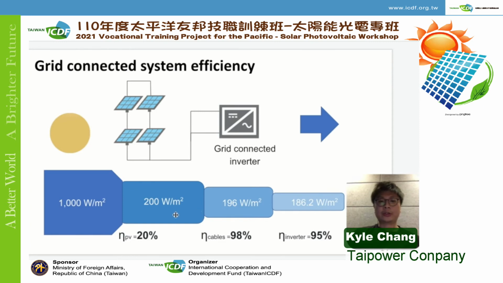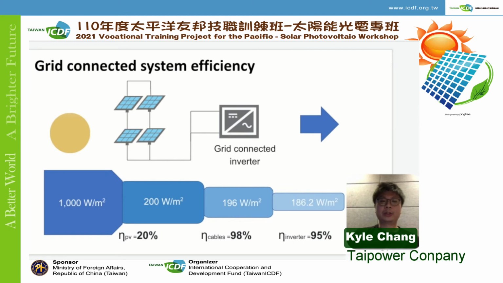For the sake of simplicity, we assume an average efficiency of 95% for the inverter. Thus, the power per area processed by the inverter is 95% of the 196, which is 186.2 watt per meter squared.